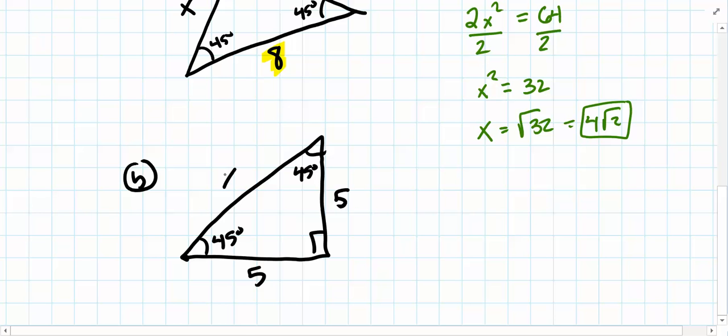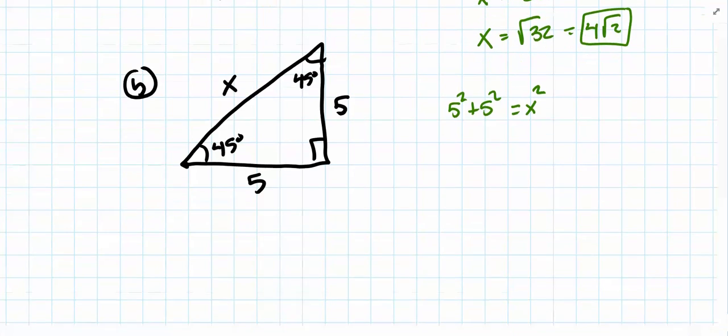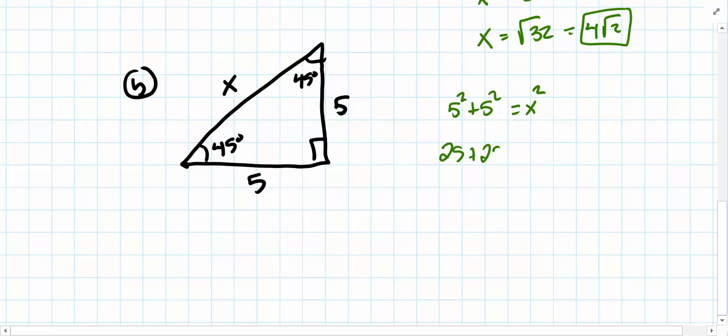Okay, now I'm going to call this x. This is different than the last example because now you are solving for the hypotenuse. So we're going to solve for the hypotenuse here. And what are we going to get? 5 squared plus 5 squared is equal to x squared. So, okay, so I have 25 plus 25 is equal to x squared.